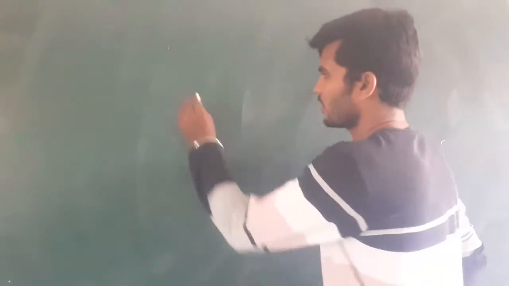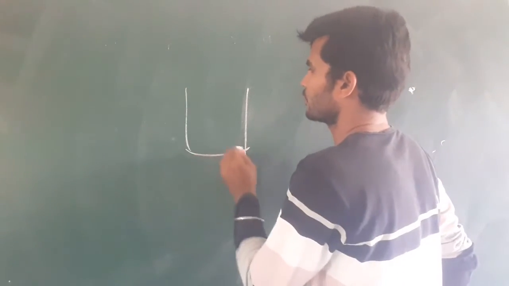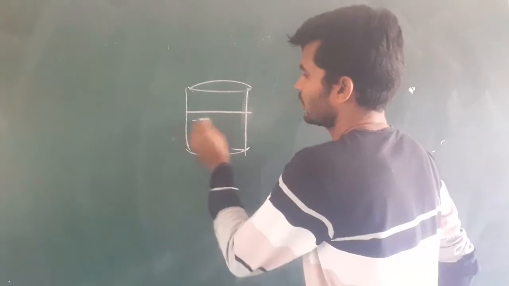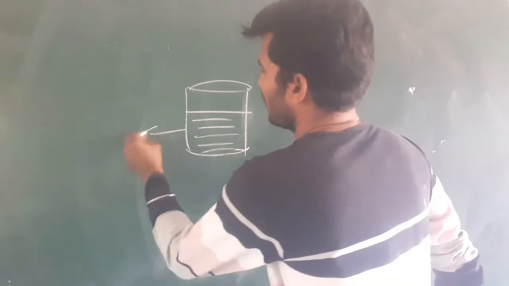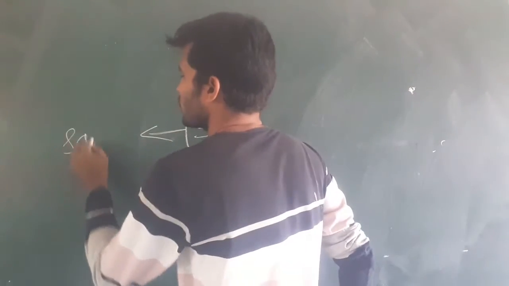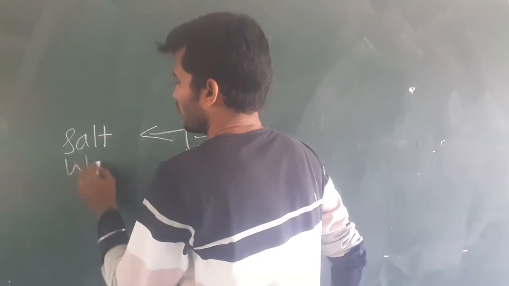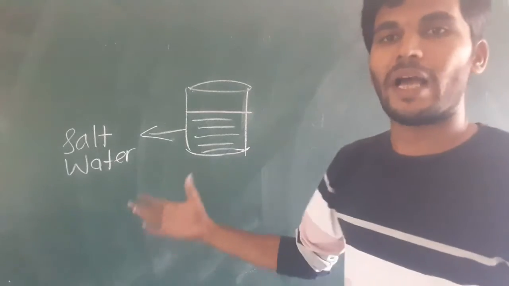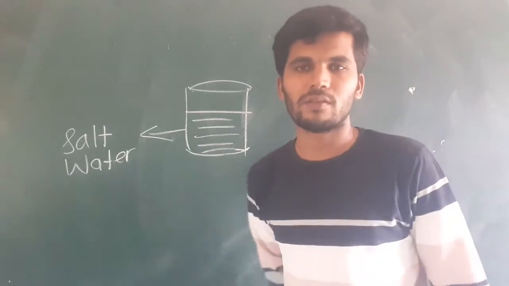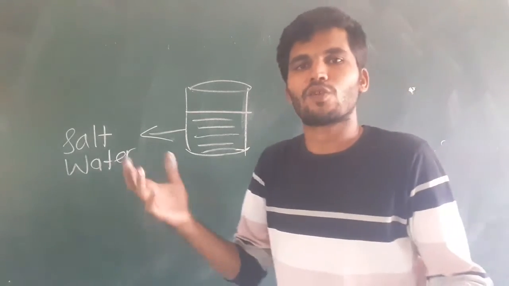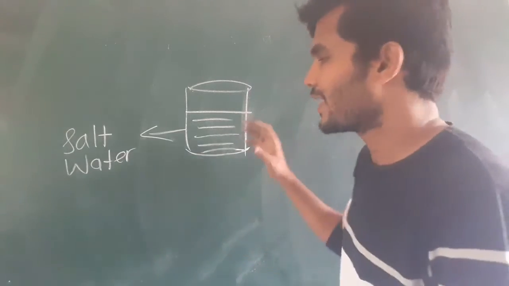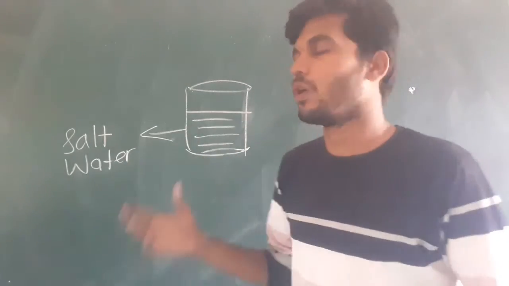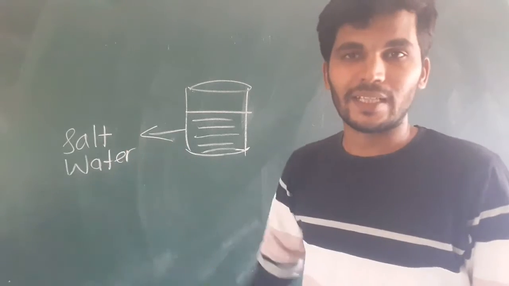Suppose a beaker is there, and in this beaker we have a mixture of salt and water. This is salt water. Now I want my salt back. Salt को separate करना है. Salt is a solid, right? So that solid part I want back. So how we will get that salt?